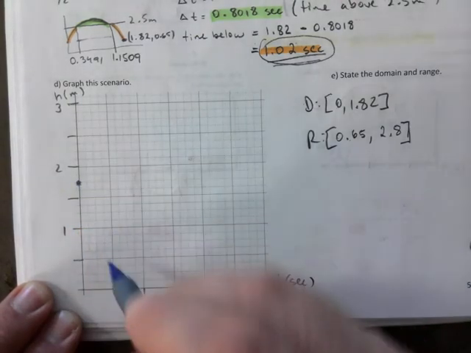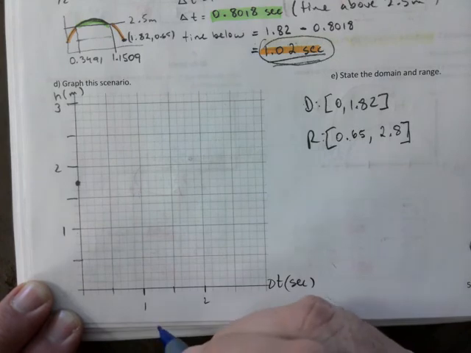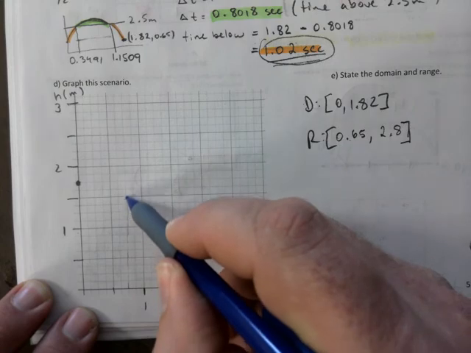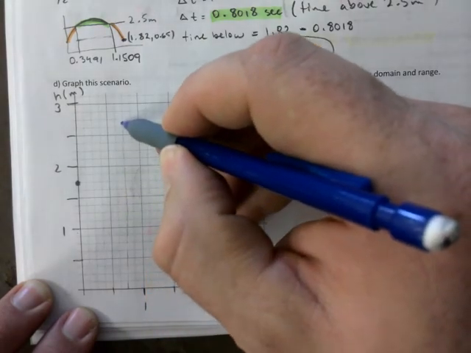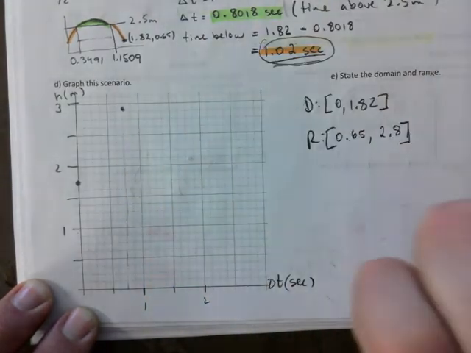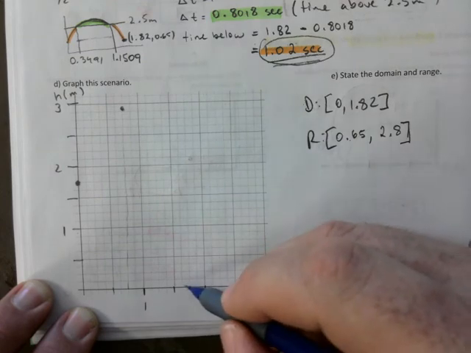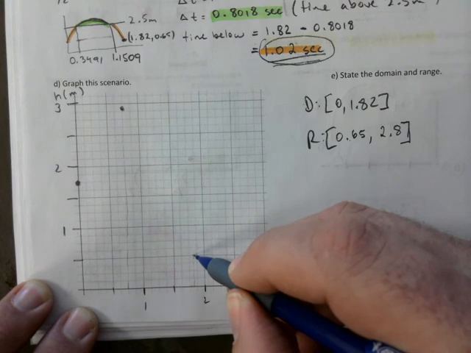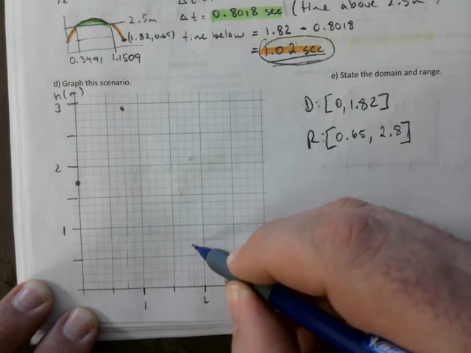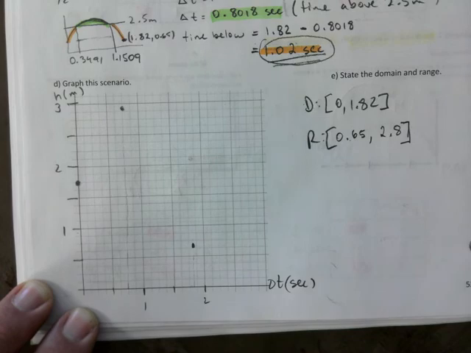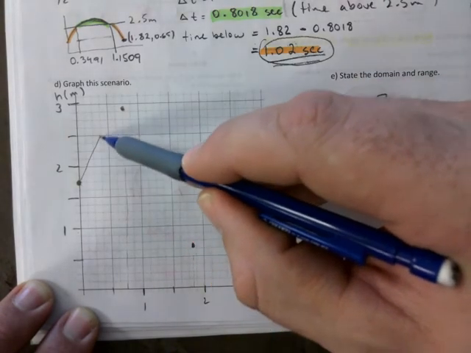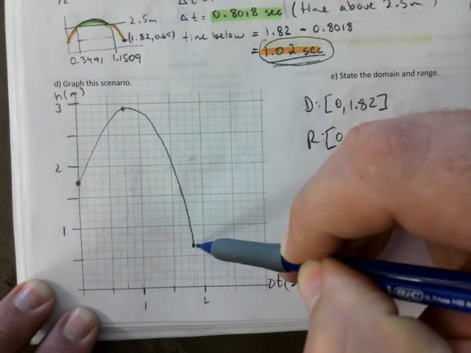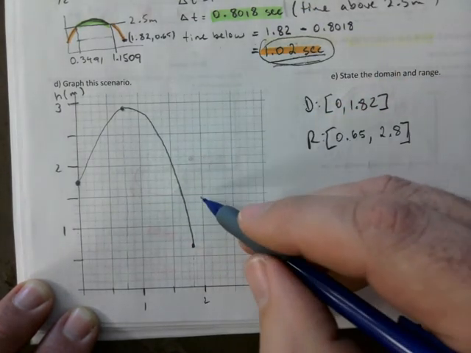That's right there. My vertex is 0.75, 2.8, somewhere there. And I'm 1.82, which is right about there, 0.65. This would be 0.5, 0.75, 0.65 is right in there somewhere. And so you go up and hit the rim. That is it.